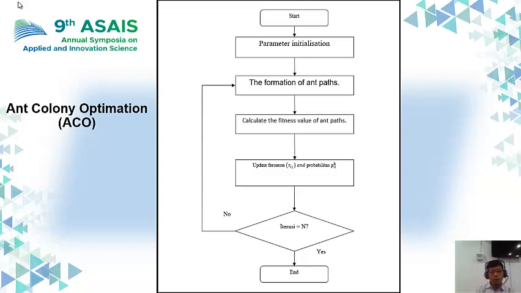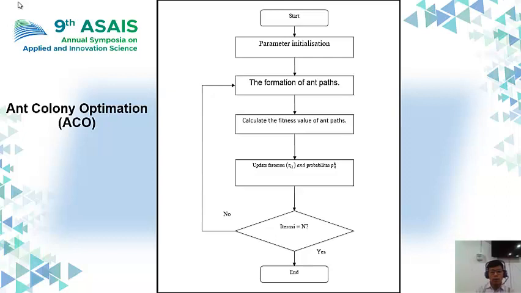The maximum number of cycles is fixed as long as the algorithm is running, while the pheromone is updated in each cycle of the algorithm, starting from the first cycle until the maximum number of cycles is reached or until convergence occurs.